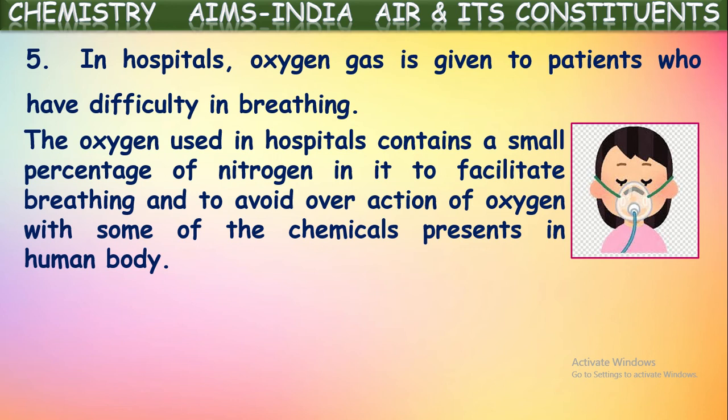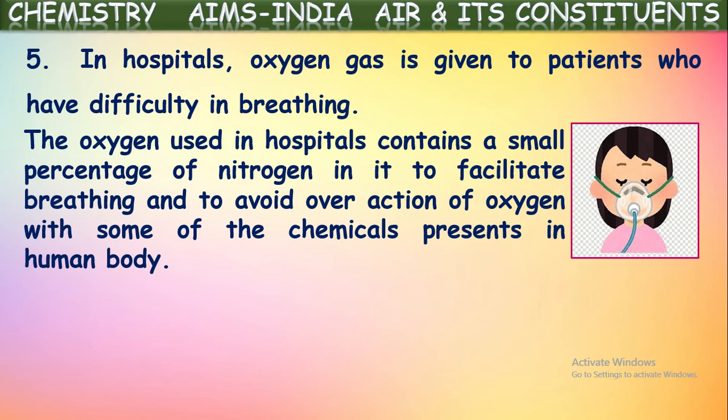This is just to make the patient breathe comfortably, and not only for that, but to avoid the overreaction of oxygen with the chemicals present in the human body. That is why they add some other gases along with the oxygen in those cylinders.